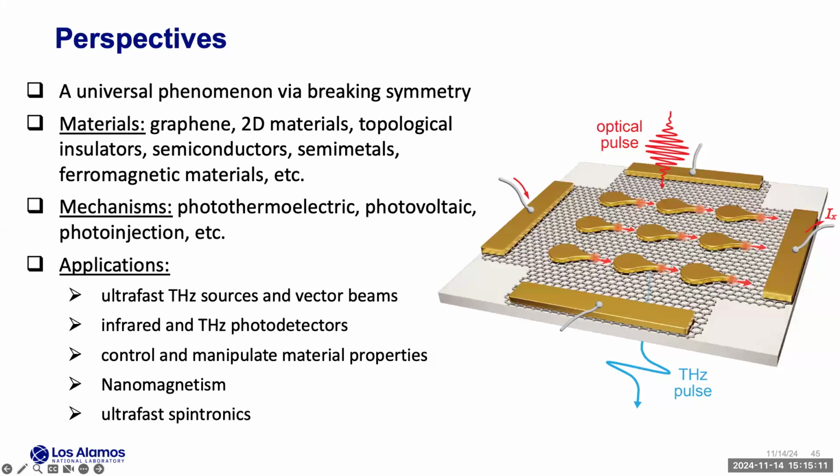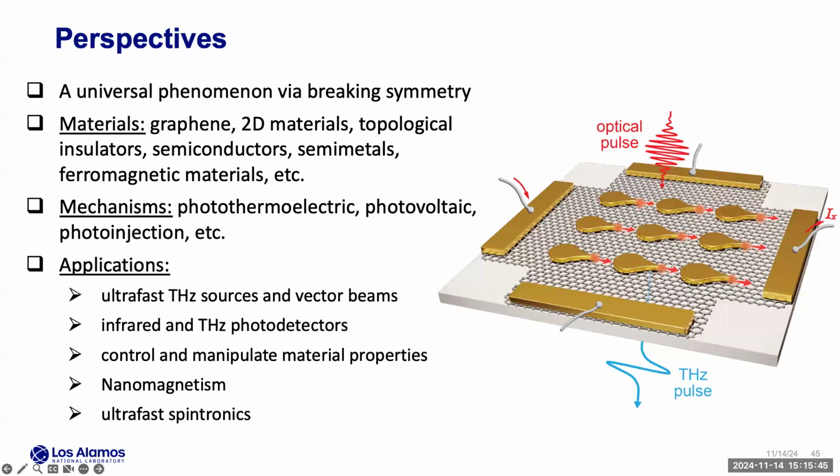The mechanisms for this phenomenon depend on the interaction between the plasmonic structure and the underlying material. In the case of this graphene structure, we believe we are seeing a photothermoelectric mechanism, but there are multiple mechanisms, such as photoinjection and photovoltaic, that could possibly be accessed.